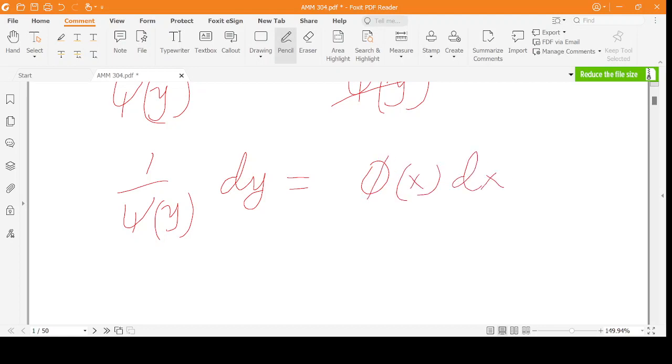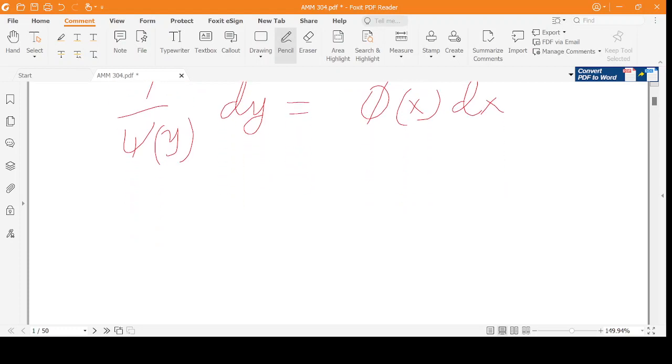So on the left hand side we have a function of y, and on the right hand side a function of x only. So y does not appear anywhere on the right hand side, neither does x appear anywhere on the left hand side. In that case, we say that we have separated the variables.